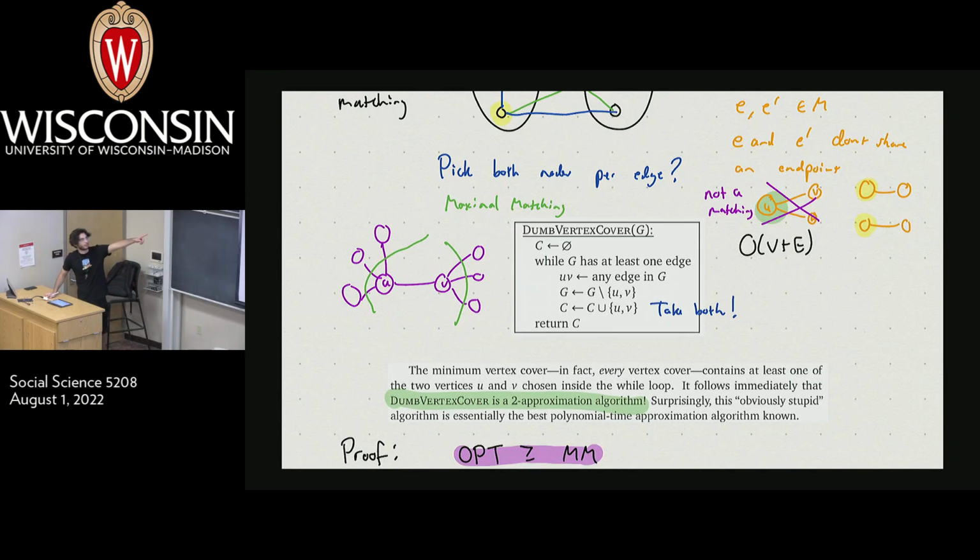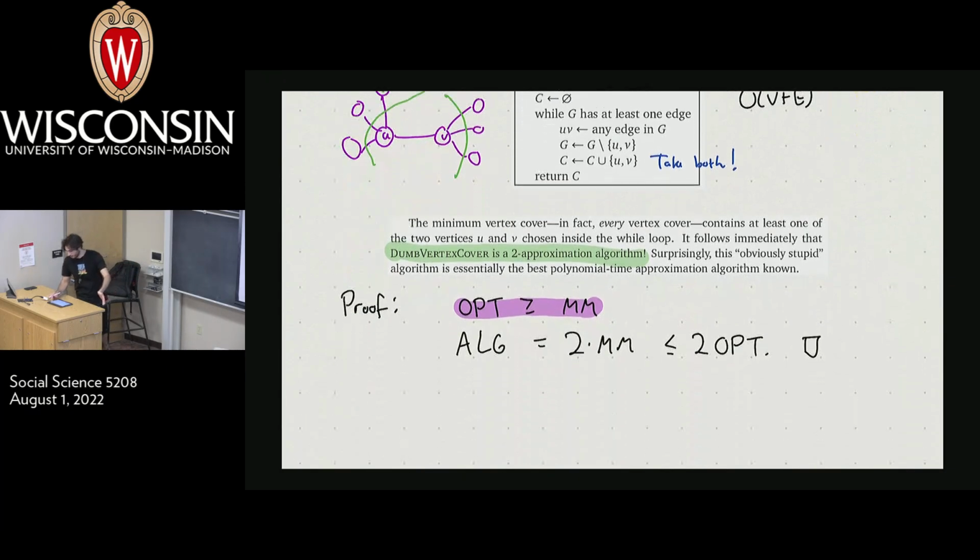So here, if we picked uv in our matching, we can't also add, say, u to w, because they share an endpoint. A maximum matching says you pick the most edges possible. Maximal just says you can't add more to it. So a maximal matching is smaller than a maximum matching, but that just helps us, right?